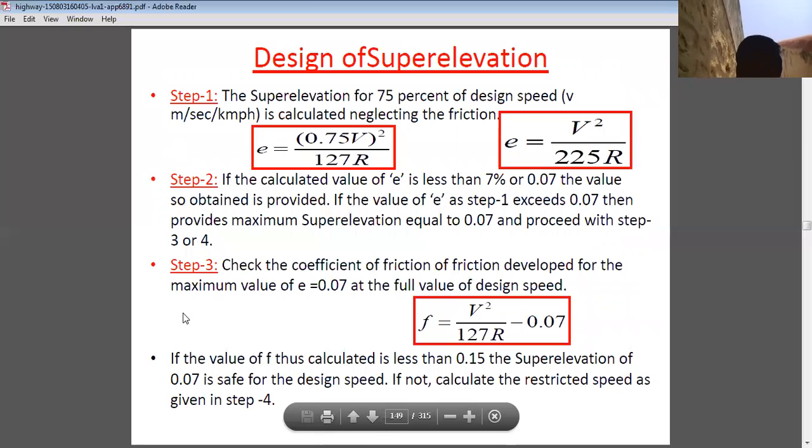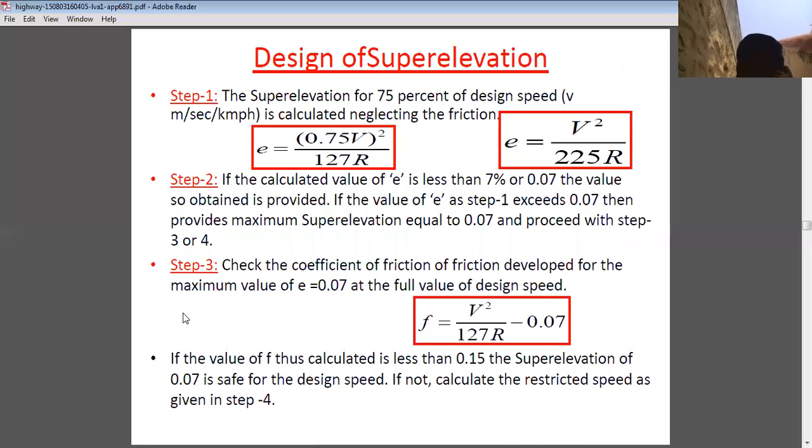Design of super elevation. The super elevation for 75% of design speed is 0.75 V squared divided by 127 R, which on simplification gives V squared divided by 225 R. If the calculated value of e is less than 7%, the value obtained is provided.